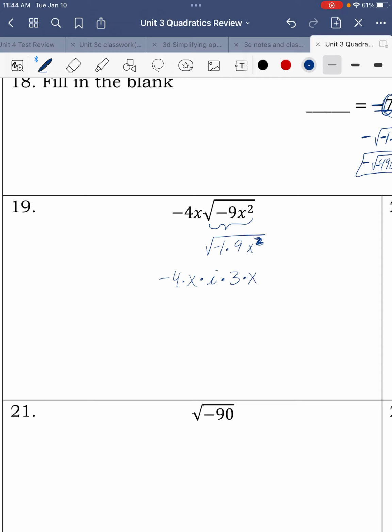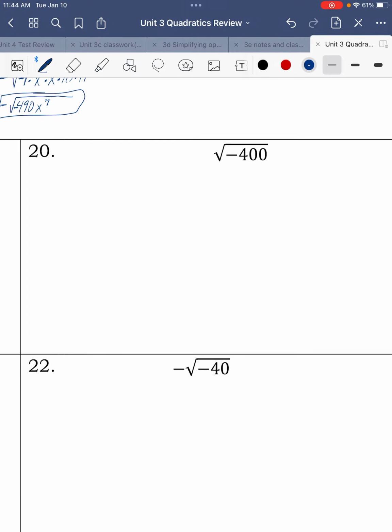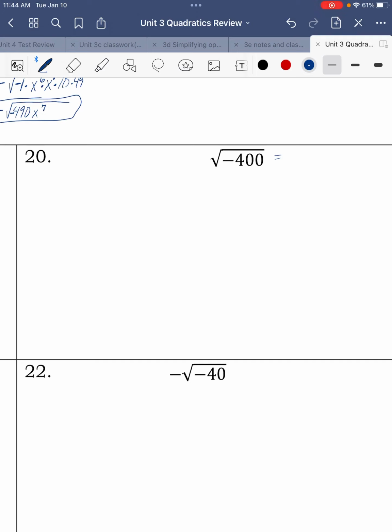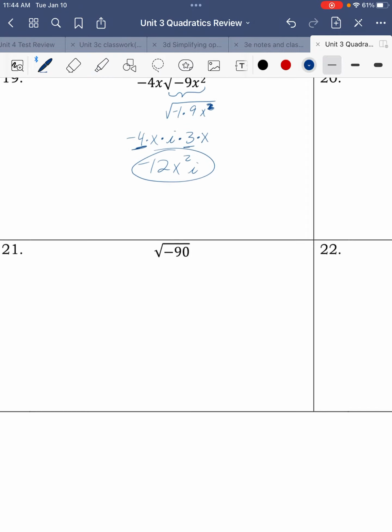Just 1. There's nothing left over underneath the square root, so the square root is no longer there. It's gone. So you have negative 12 x times x is x squared i. Next, 20. 400 is actually a perfect square. That's going to end up being 20i. Final answer.